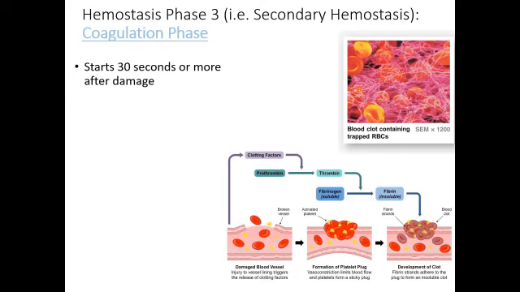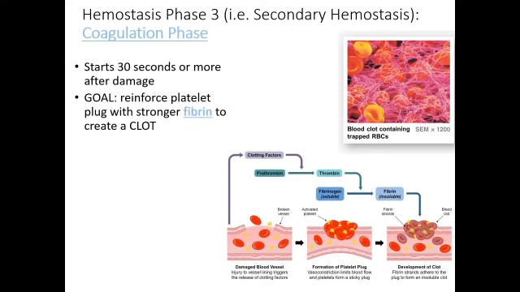And so this process starts about 30 seconds after the wound has occurred. So again, this isn't step 1, step 2, step 3. This is all happening simultaneously. But in order for the coagulation phase to proceed, we need the vascular spasm and the platelet plug to begin.